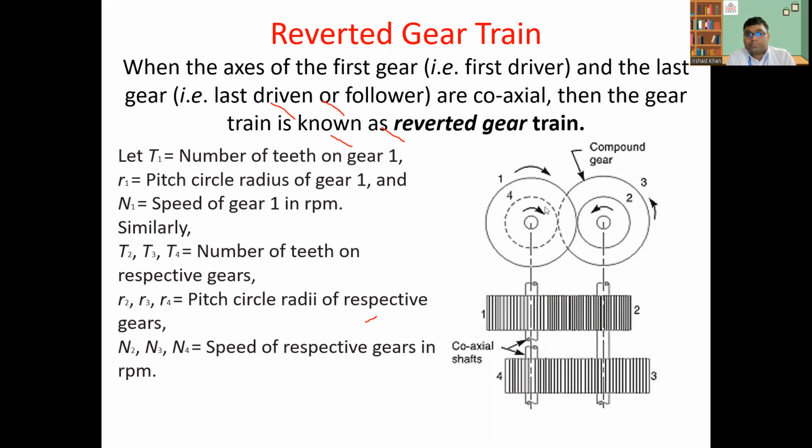So let's see: T1 is the number of teeth in gear 1, R1 is the pitch circle radius of gear 1, N1 is the speed of gear 1, and similarly T2, T3, T4 are the numbers of teeth for the respective gears, R2, R3, and R4 are the pitch circle radii, and the speeds of the respective gears are N2, N3, N4.